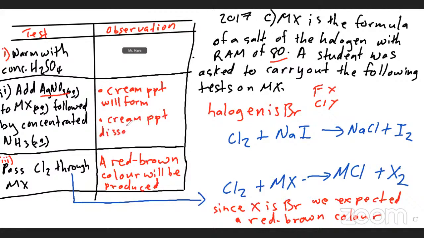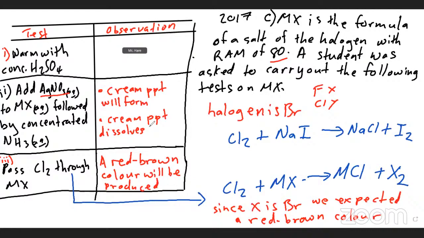Sir, if I said the color of the precipitate was white, would I be marked down for that? Yeah, because the white precipitate would indicate X is chlorine. So the chloride ion, when it forms the precipitate of silver chloride, is white.